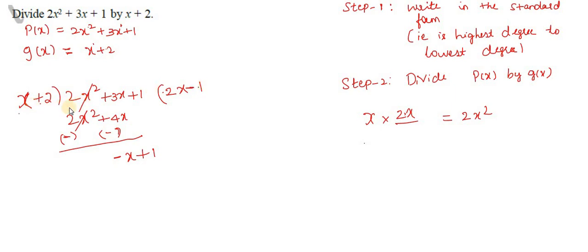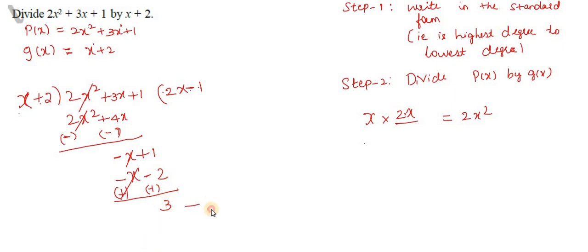Minus 1 into x is minus x, minus into plus, minus 2 into 1, 2. Now change the sign. Here minus is there, change to the opposite sign, plus, and here minus is there, change to the opposite sign, plus. So plus x minus x get cancelled, and it remains with 3.